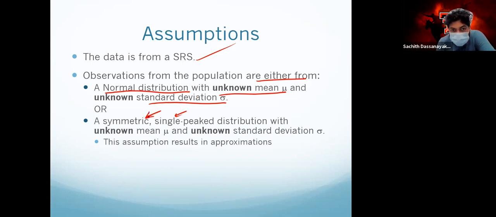Whatever you have been asked, the questions based on that limit, you can simply assume we have a symmetric and single peak distribution. You don't have to worry about this. Single peak means only just one peak.